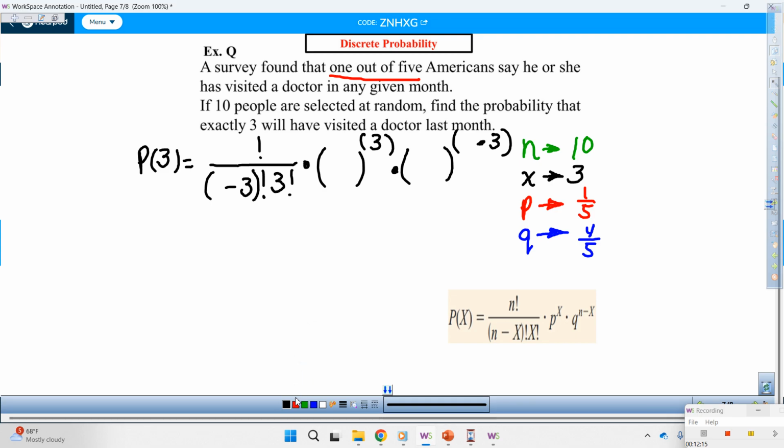All right? And we got 10, 10, and 10. P is 1/5. And Q is 4/5.